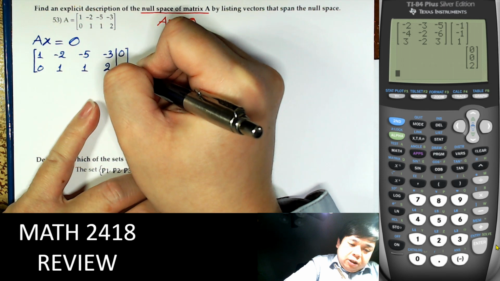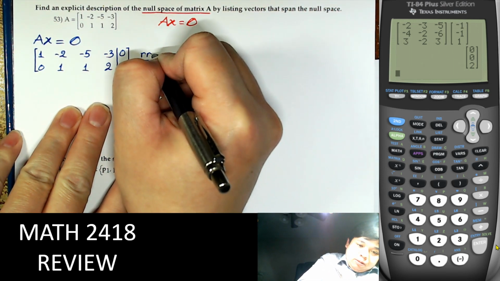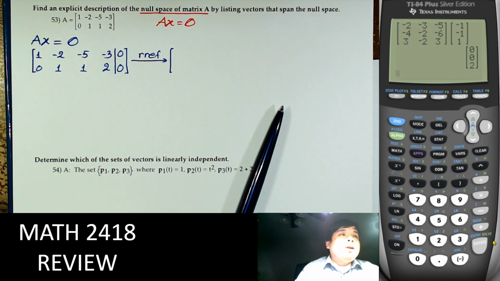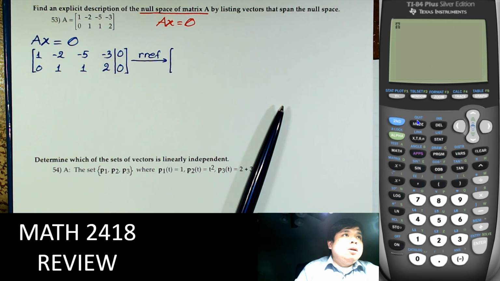So we do that, and we do reduced row echelon form. Right, so that's what we have.